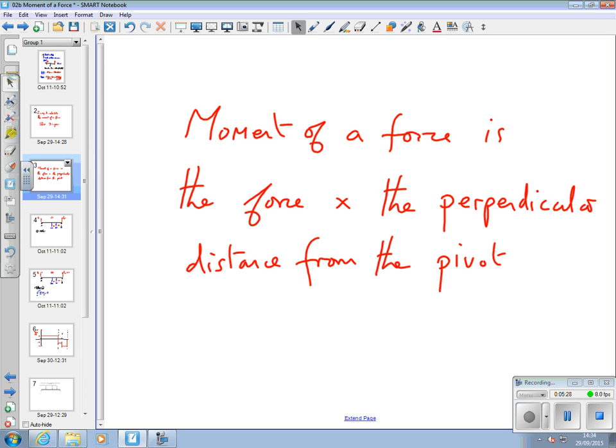That's a definition of the moment of a force. It's the force times the perpendicular distance from the pivot.